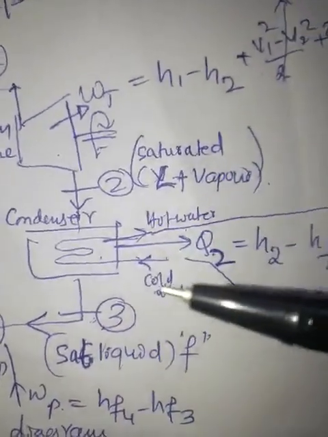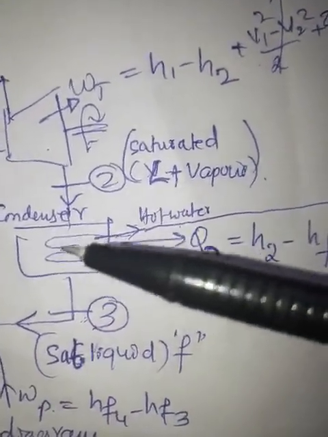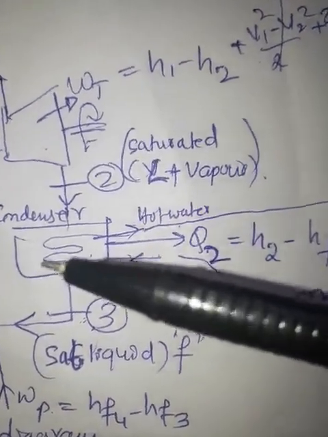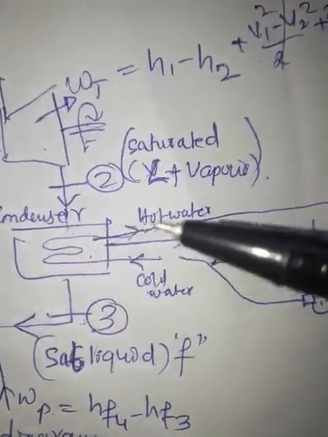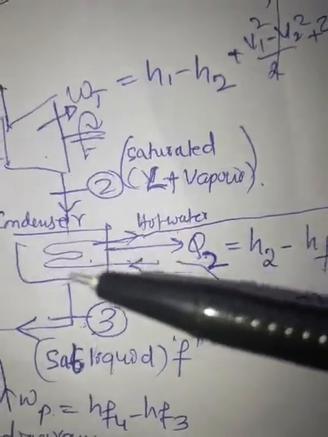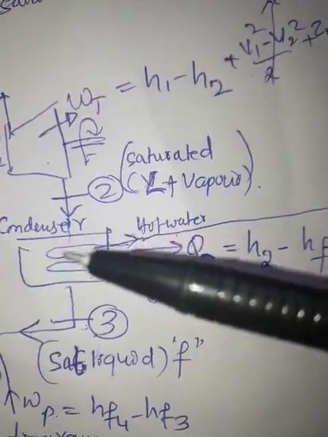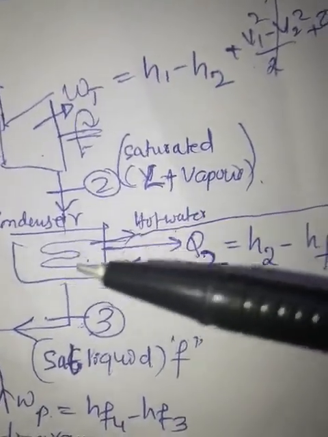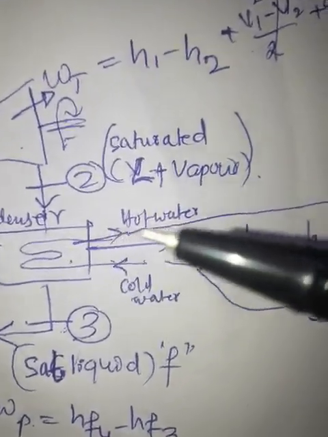Inside the condenser we have a bunch of tubes. Inside the tubes we are sending cold water, and that water absorbs heat energy from the surrounding steam present inside the condenser and becomes hot water.